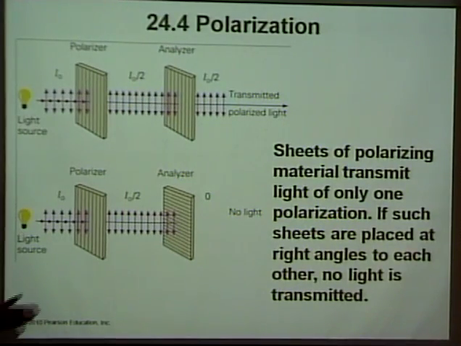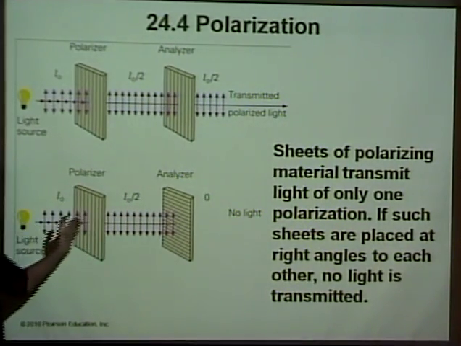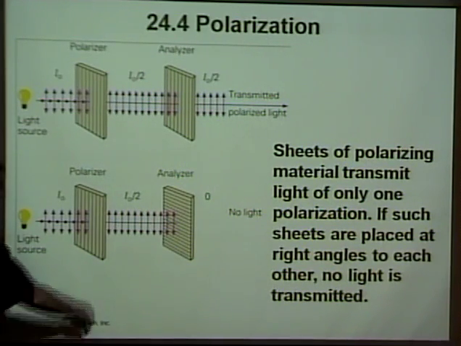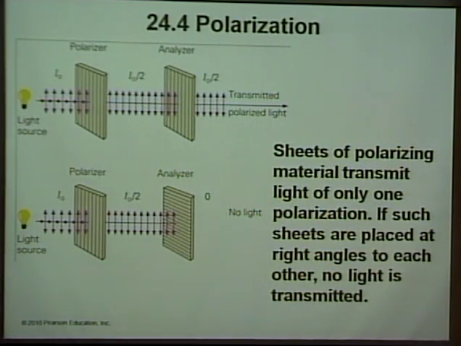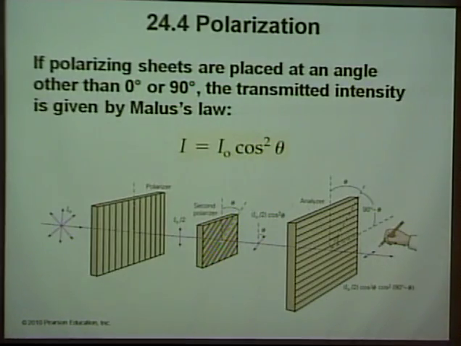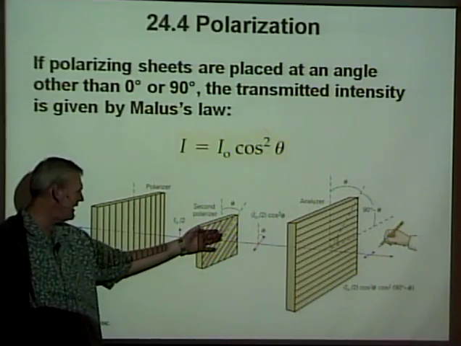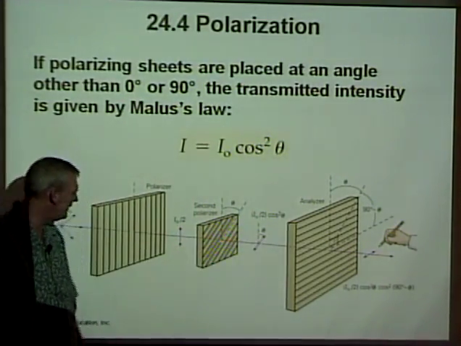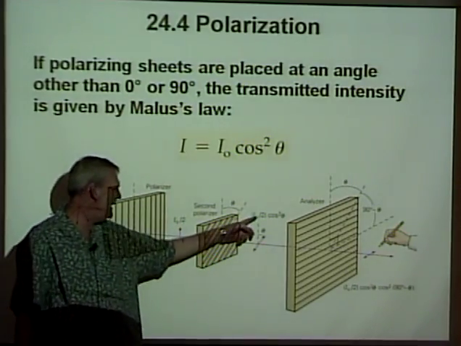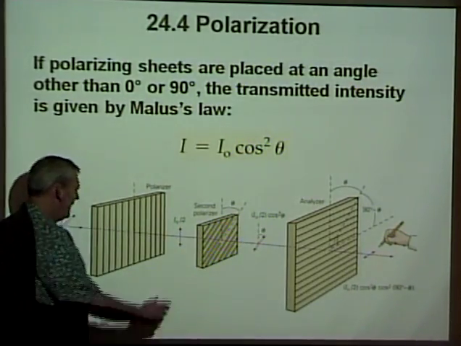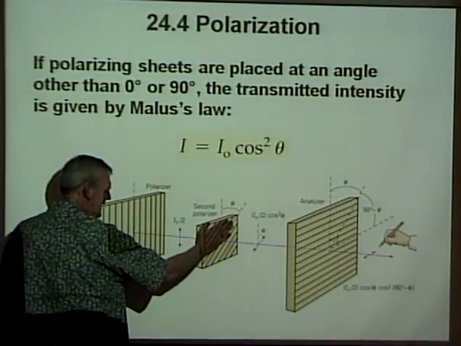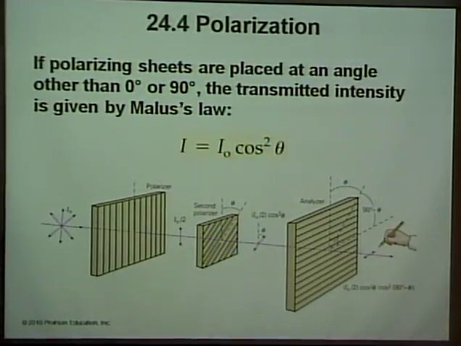But let's say we put another thing in here that orients the light a little bit differently, so we're going to get a little bit more light out of there. Since this one's not oriented at 90 degrees, something's going to get out of there. And what's going to get out is 1/2 the cosine squared of the angle difference between the straight up and down and now that it's curved like that.